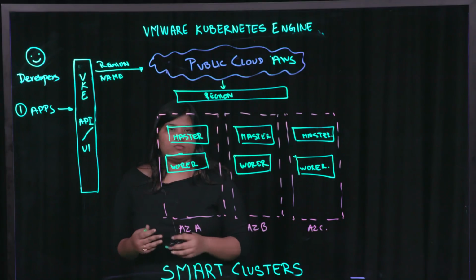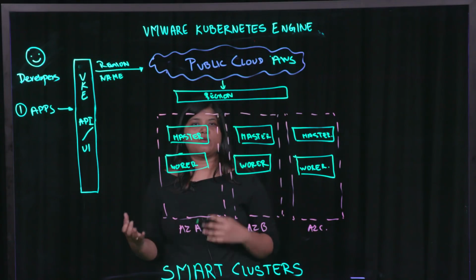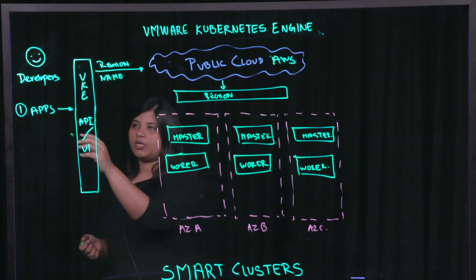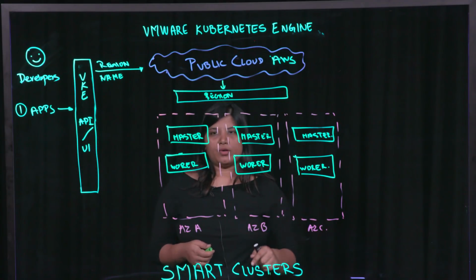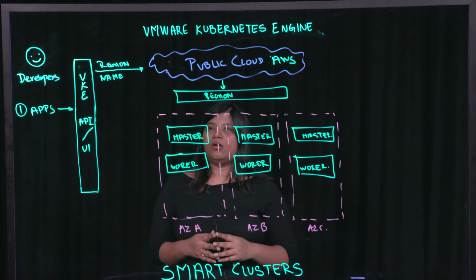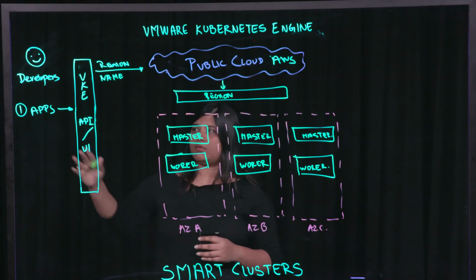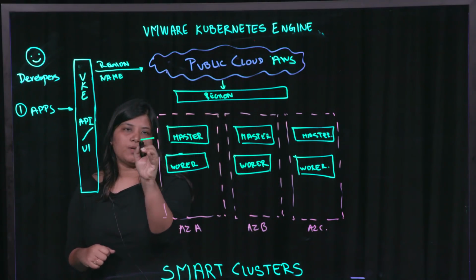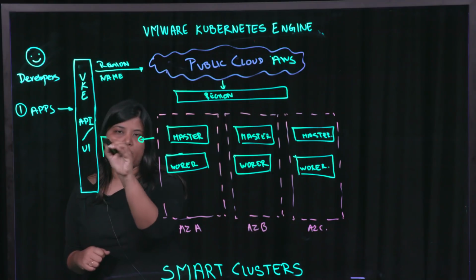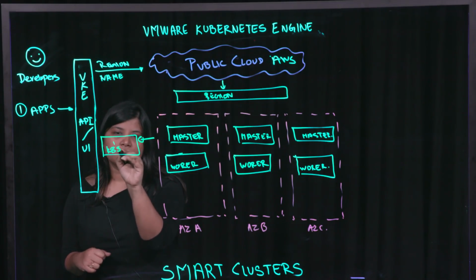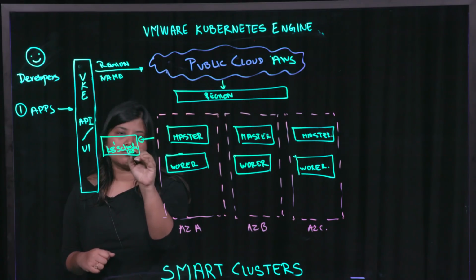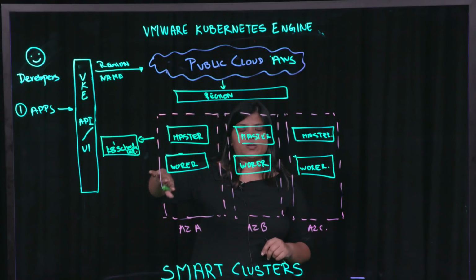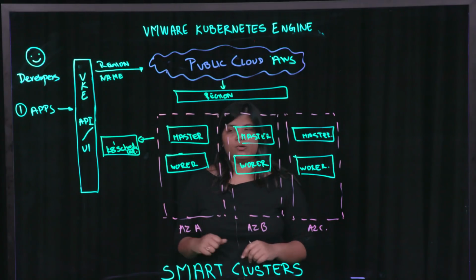Now, let's say the developers start deploying applications. We have the worker nodes and master nodes working for them. Then, as more and more applications get deployed, we keep increasing the worker nodes. But what happens when a specific task is done and the apps don't need as much space? So what VKE does is it constantly monitors the pods that are deployed within the K8 scheduler. It will keep monitoring the K8 scheduler for the pods that are deployed within each worker node.